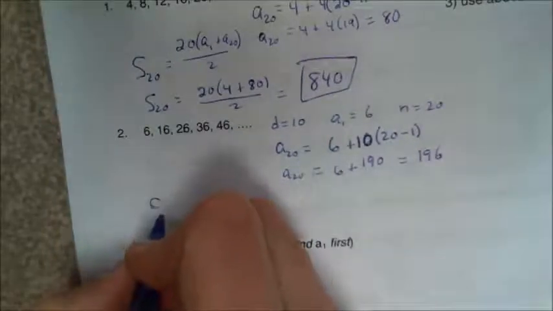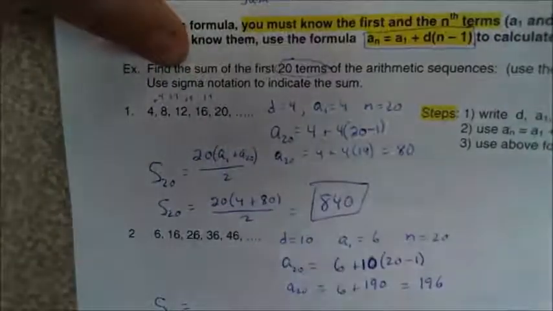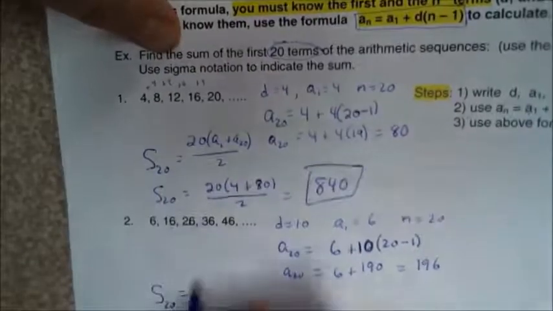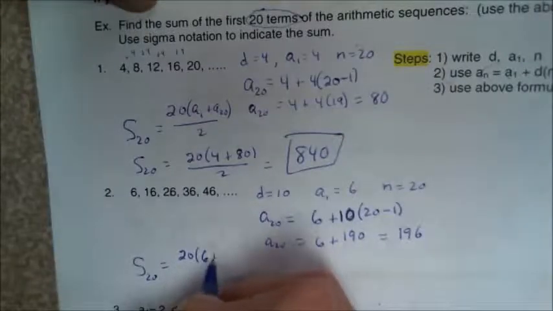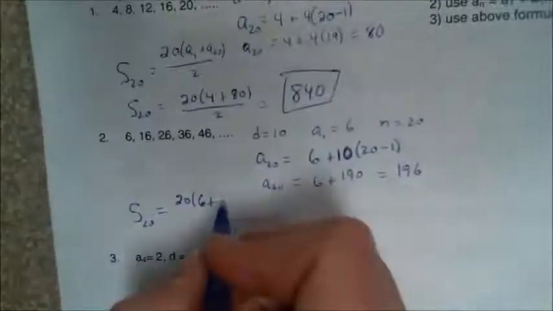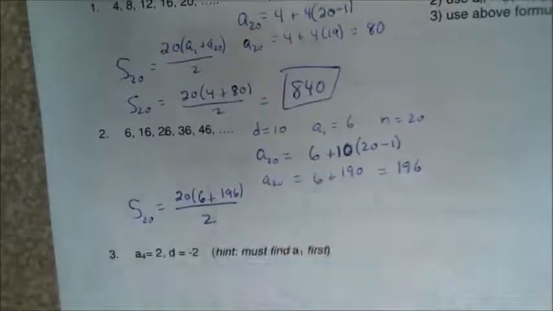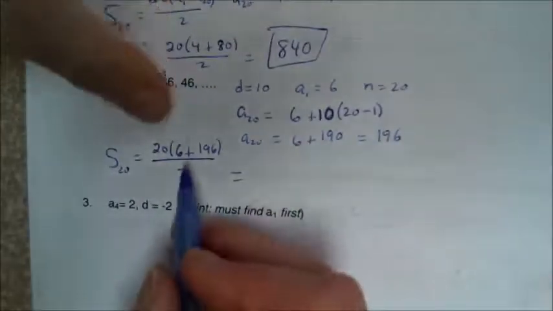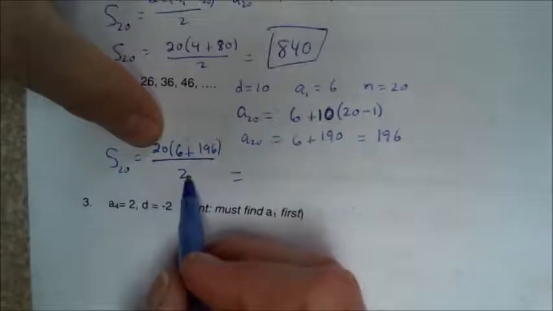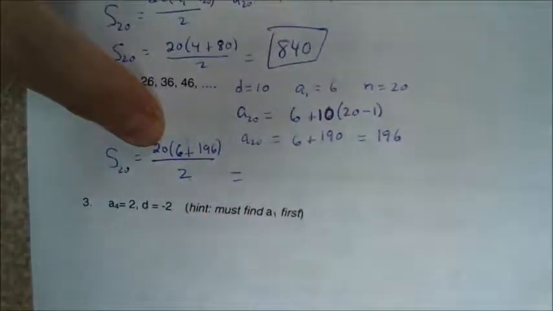So now we want to get the sum of the first 20 terms. And we're going to use this formula up here again. So n, which is 20, times the first term, which is 6, plus the 20th term, which is 196, all over 2. So the sum of the first 20 terms: 20 over 2 is 10. 6 plus 196 is 202.